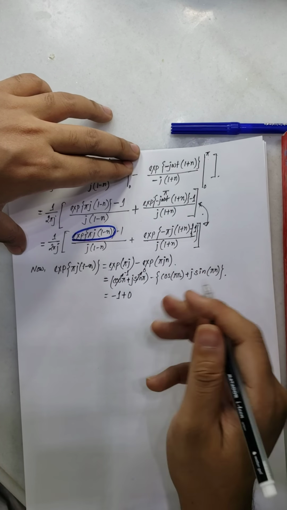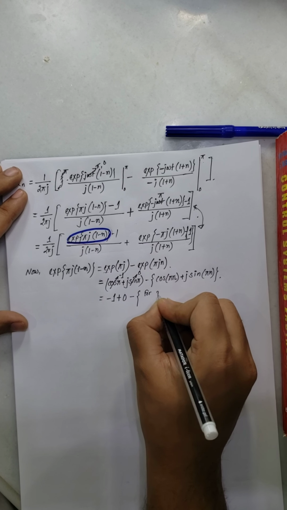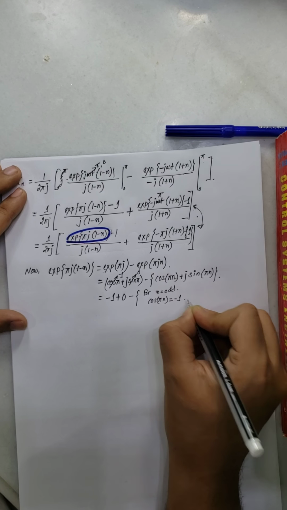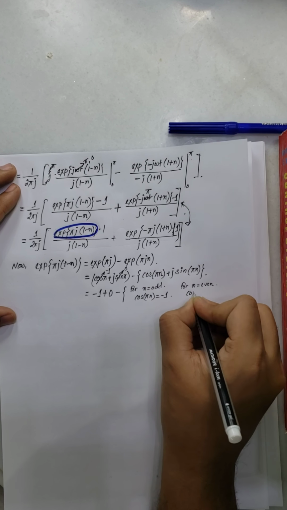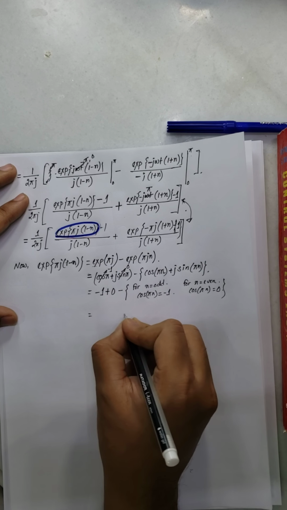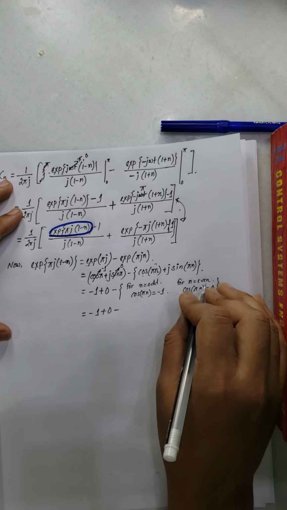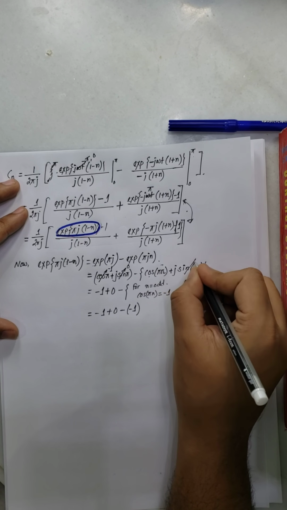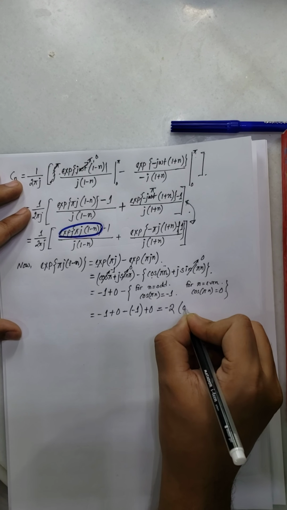When n is odd, we get cos pi n to be equal to minus 1, and for n even, we get cos pi n equals 1. So for odd, this becomes minus 1 minus of minus 1, and the sine term will always be 0, whatever may be the case, which equals minus 2. This is for the odd case.